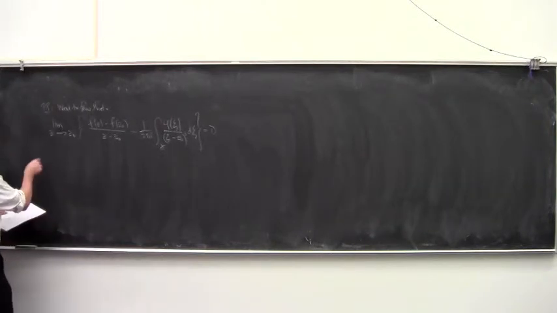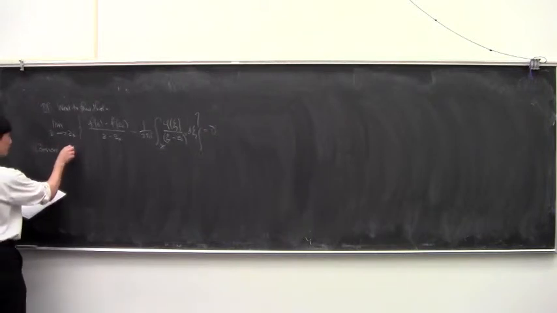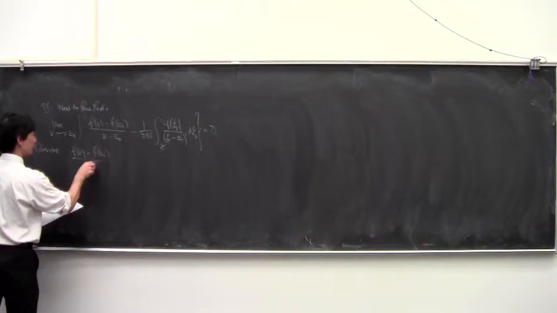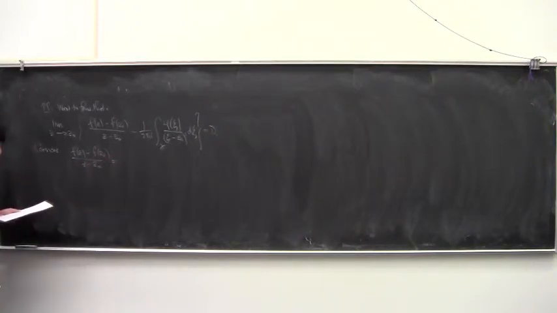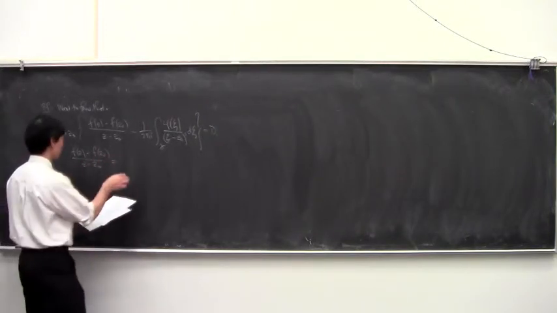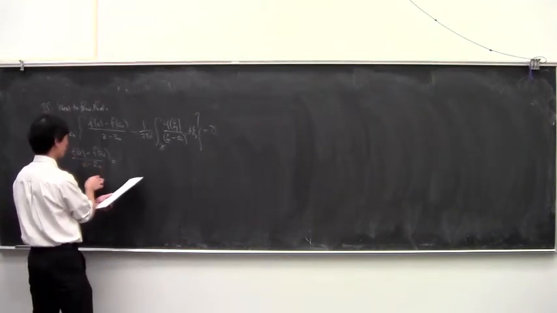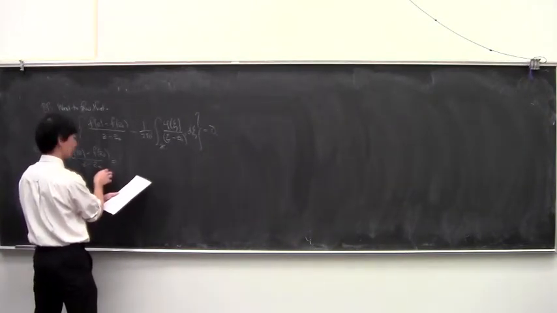Okay, so now let's consider just the first term, f of z minus f of z naught over z minus z naught. By hypothesis we have an integral formula for f.